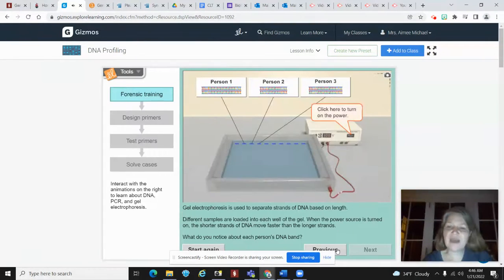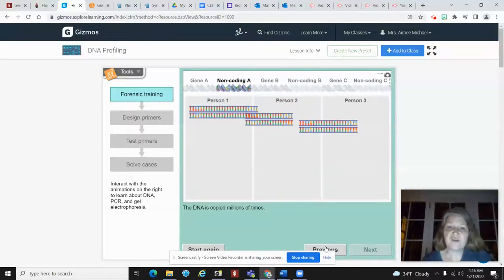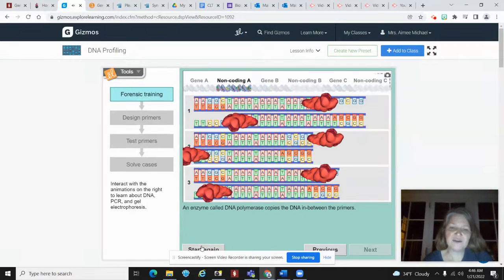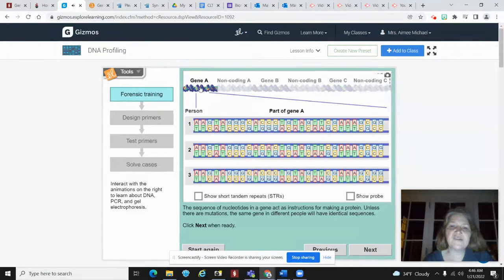If we go back to our regular gene sections, start again here, and we look at the sections of genes, there really doesn't appear to be any difference just looking at these particular strands.